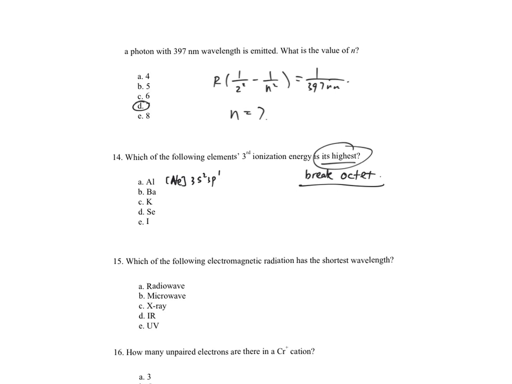Okay, barium though, this is where you have Xenon and then 6s2. First electron, fine, take it. I want to get a +2 charge because barium is in group 2A.